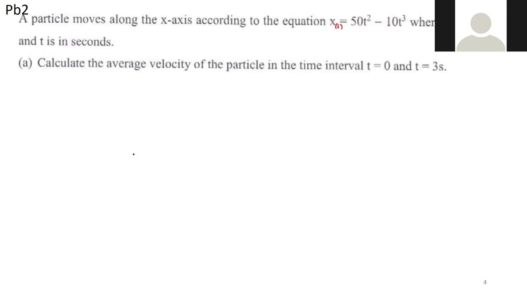Now the question is, first, calculate the average velocity of the particle between t equals 0 and t equals 3 seconds. You know what average velocity is, right? Average velocity is displacement divided by time. So it will be x final, basically x at 3 seconds, minus x at 0 seconds, divided by 3 minus 0.